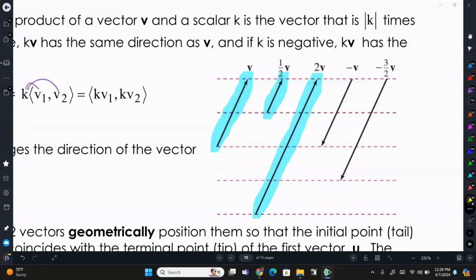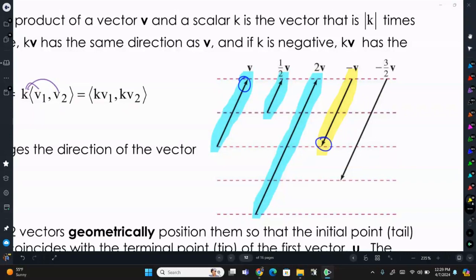If I had negative v, okay, multiplying the vector by -1, it's going in the opposite direction now. Notice where the tip is.